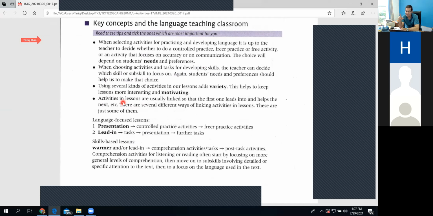Because mostly they will ask questions like: a teacher is doing this kind of activity, role play is going on, and in the role play the students are doing it this way.